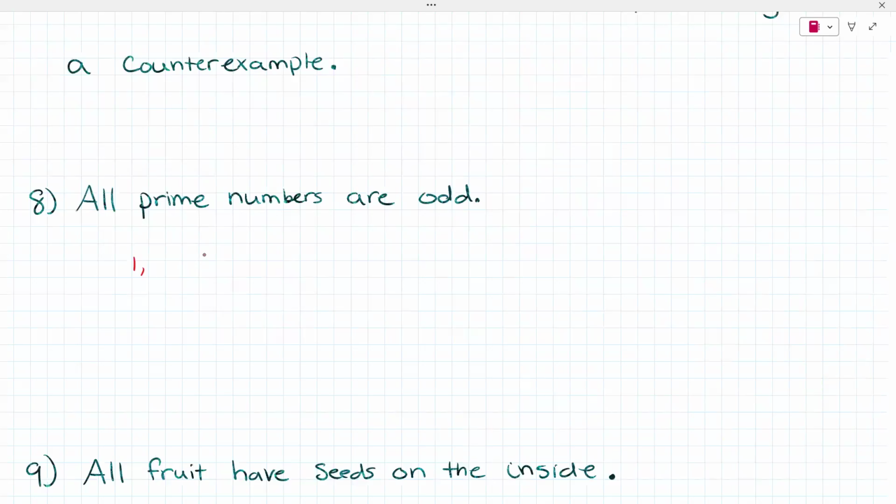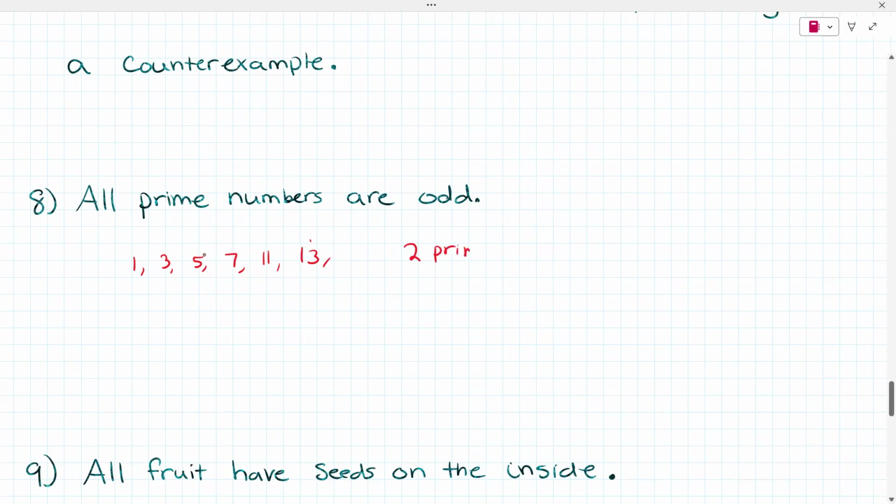So one is prime, three is prime, five is prime, seven is prime. What else? 11 is prime, 13 is prime. Oh, yeah, that's odd. What about two? Isn't two prime?